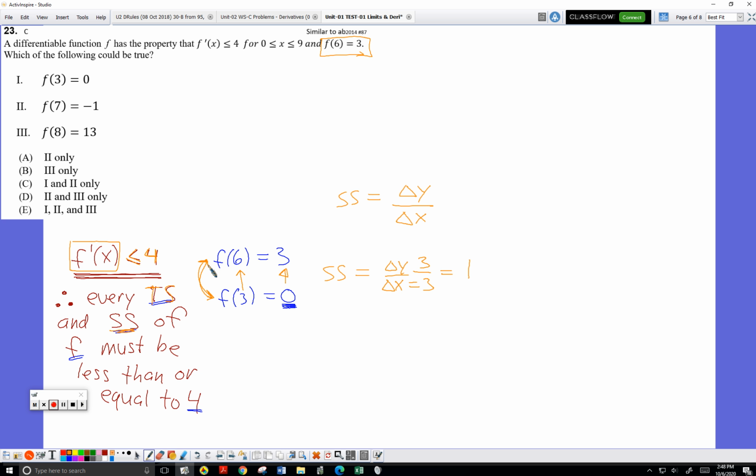The graph would literally have a point at (3, 0) and another point at (6, 3). Between those two points, the graph has some sort of curvature. I don't know what that curvature is, but the secant slope between those two is 1. Therefore, it's a safe bet that I'm okay. Does that help at all?